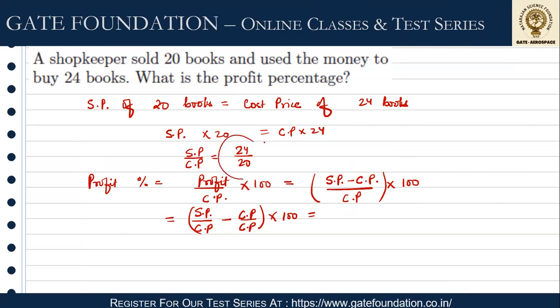SP by CP मेरे को दिया हुआ है यहाँ पर. So it will be 24 by 20 minus CP by CP, which is 1 because it will get cancelled, into 100. So if you take LCM, LCM will be 20 and you will get 24 minus 20, that is 4. So 4 by 20 into 100. In any case, you are going to get 20%.